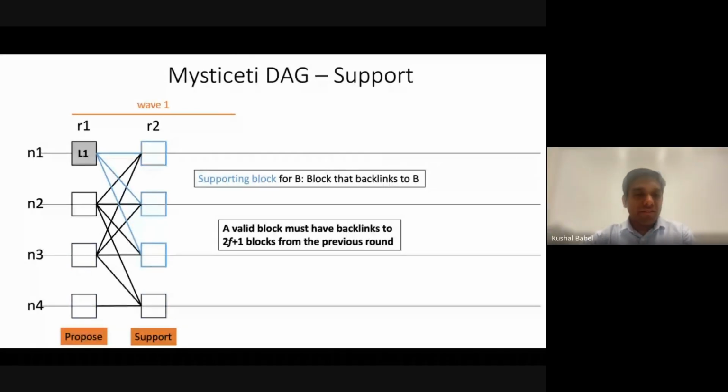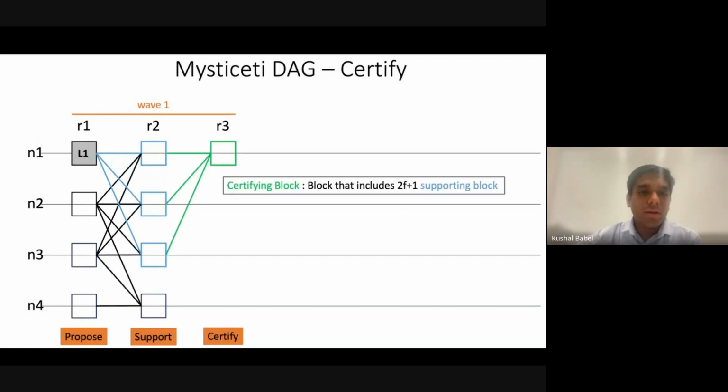All right, so this is the definition of what it means to have one block support another block, right? And the third round is the certifying round, where a block will certify another block. In this case, this block is certifying the L1 block if it references 2f+1 supporting blocks.